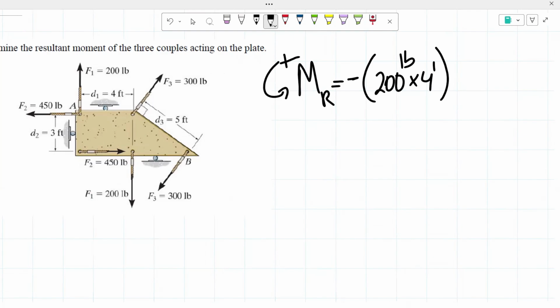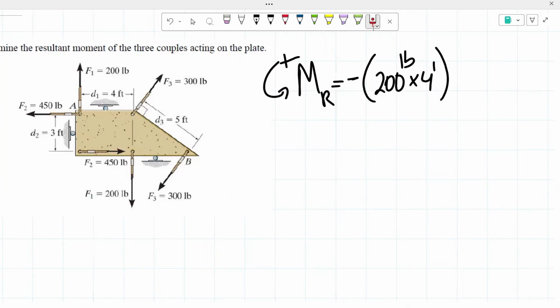Now we're going to take a look at the second couple, which is force 2. Our force for those is equal to 450 pounds. And our distance from this plate, found in between the two forces, is 3 feet. So now we just have to figure out if that's going to be creating a positive or negative moment about that plate.